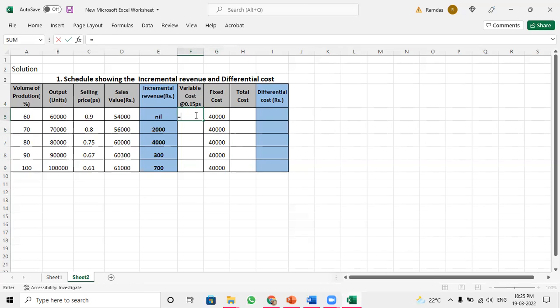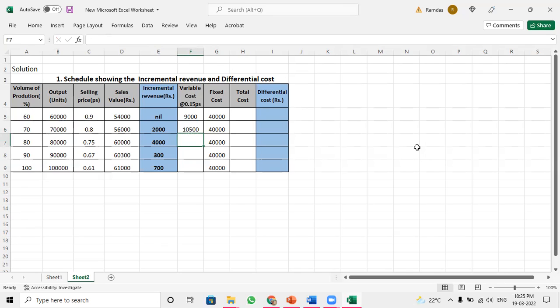Variable cost is equal to output into variable cost per unit, 15 paise.